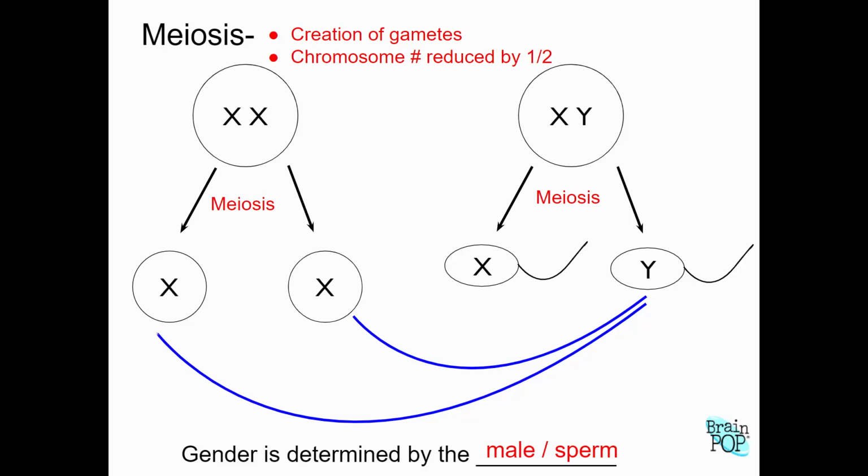What that means is they extract an egg cell from the mother, they get sperm cells from the father, and actually fertilize the egg cell in a petri dish in the lab, and then they take that fertilized egg cell, let it start to divide into a tiny embryo, and implant it back into the mother's uterus, and she's pregnant. It's just that the fertilization happened outside of the body.